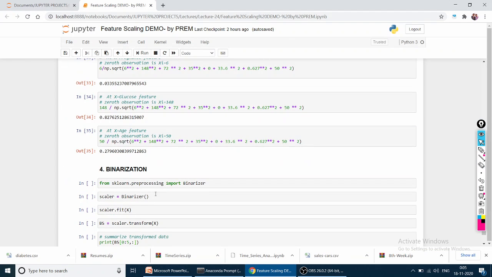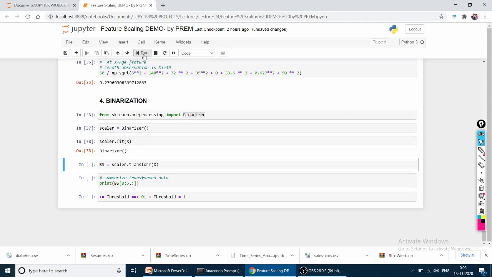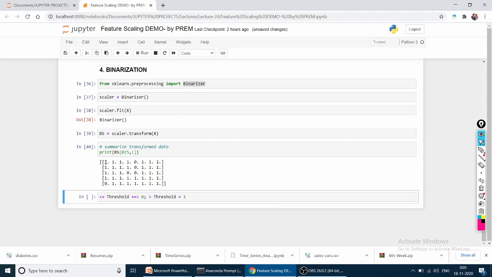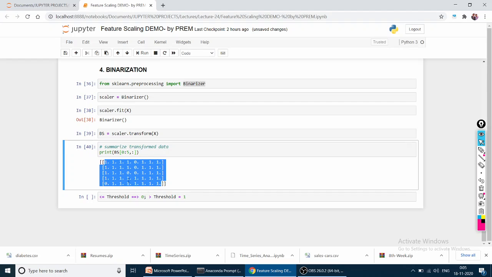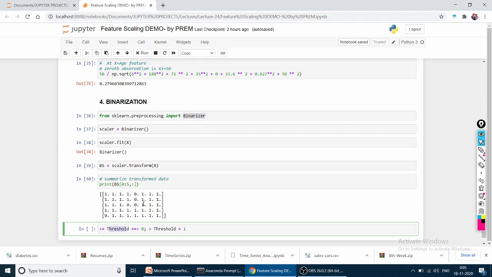For binarization, the process is the same as before: from sklearn preprocessing, import Binarizer, then fit transform. You can set the threshold value in binarization.